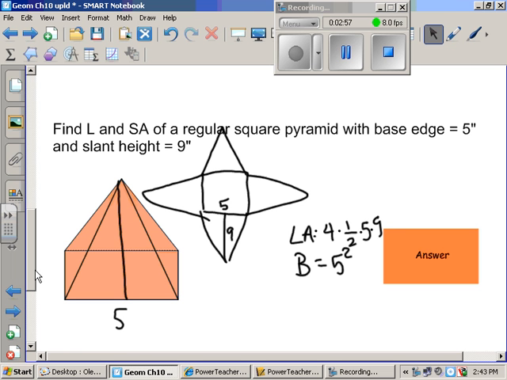So 2 times 5 is 10, 10 times 9 is 90. So the lateral area is 90, the base area is 25. So the total surface area, you add those two together, you get 115.